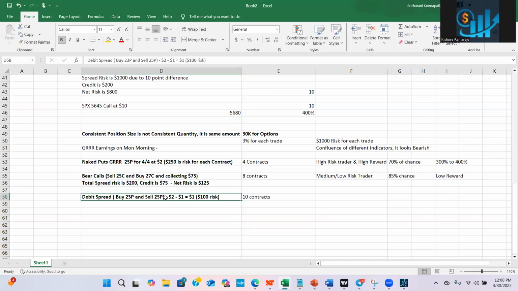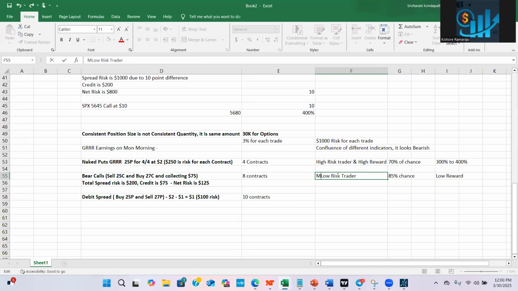Right? You can also do one more thing. You can say you want to buy the 25 put and you sell the 27 put. So this is more like a medium risk trader. That means you are not completely buying a naked put.